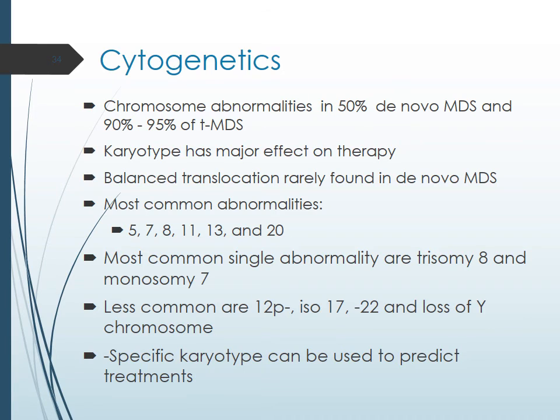So let's look at the pathogenesis behind MDS. We've talked about MDS either being de novo, that is, primary in nature. In these cases, abnormal stem cells arise de novo.